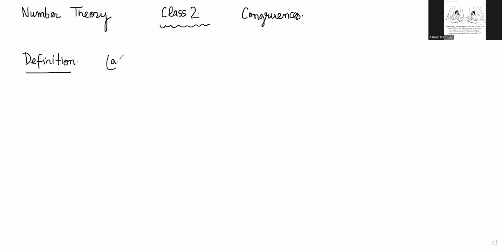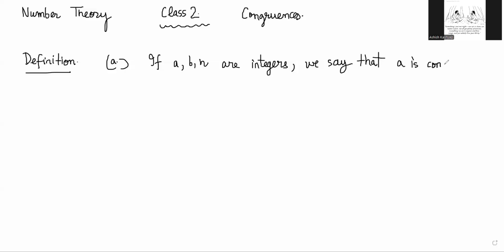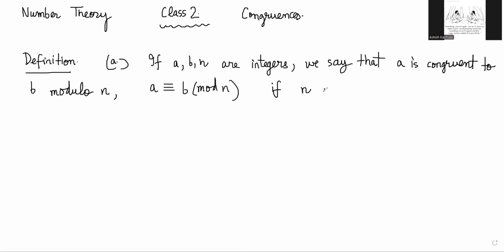If a, b, and n are integers, we say that a is congruent to b modulo n, and we write it as a congruent to b mod n, if n divides a minus b.